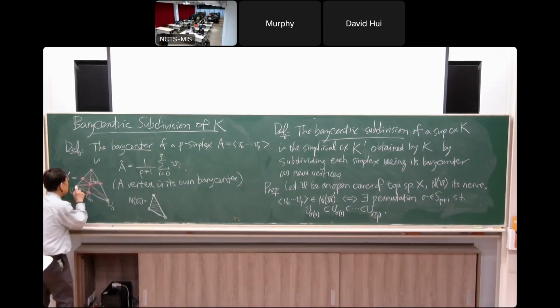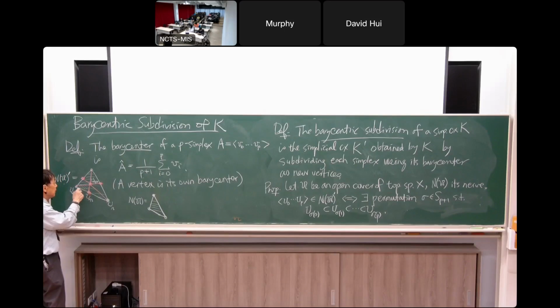So these three vertices may be given in an arbitrary order, but there has to be an order in which you have this containment relation.